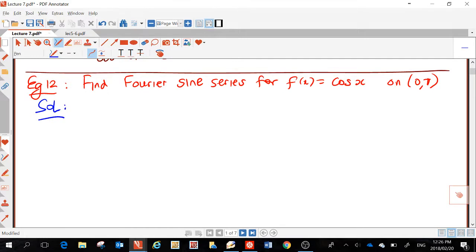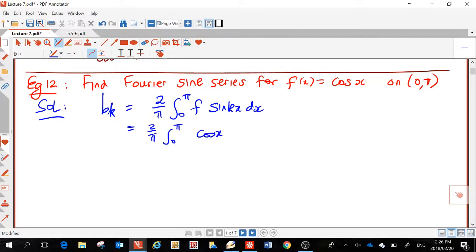From what we learned for half-range functions, b_k will be 2 over pi, integral from 0 to pi, f of x sine kx dx. So that's 2 over pi, integral 0 to pi, cos x sine kx dx.